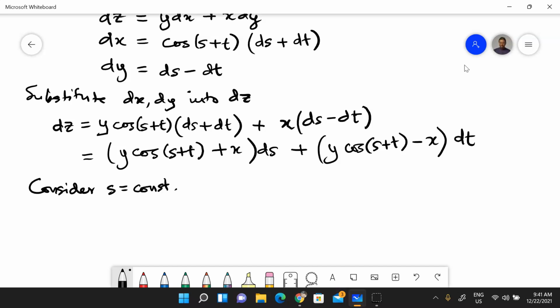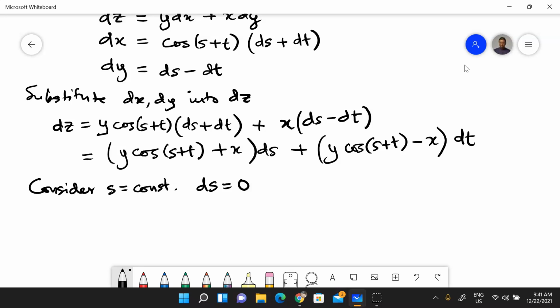What does it mean by having s constant and t varying? That means ds equals 0. So if ds equals 0, this term for dz will vanish and you only have this particular term.